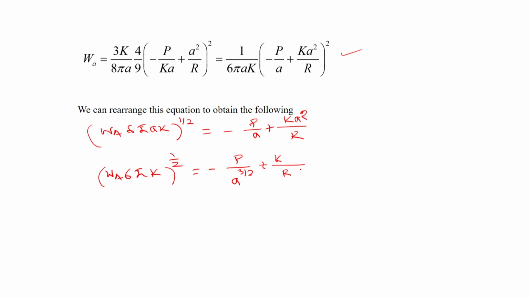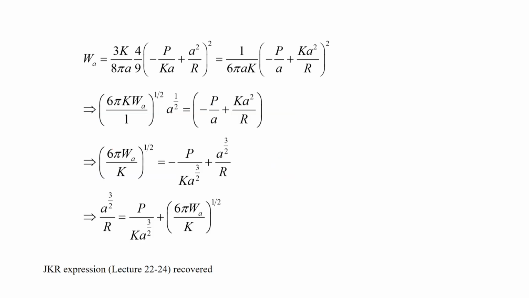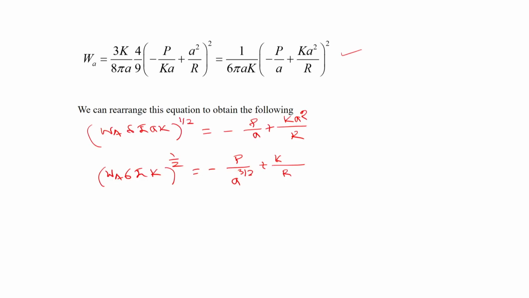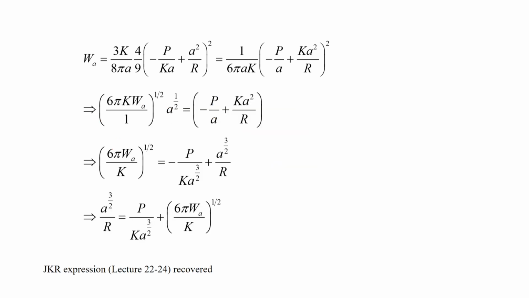So, it is A to the power 3 by 2, and plus this is K by R. It is not 3 by 2, it should be 1 by 2 here. So, if I do it here, it is also 3 by 2, right. So, A to the power 3 by 2 here, and finally A to the power 3 by 2 by R. So, finally we arrange it and we get this, and this is what we have from the JKR mechanics, that is also in lecture 22-24.